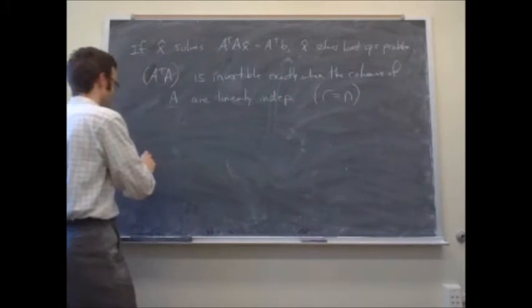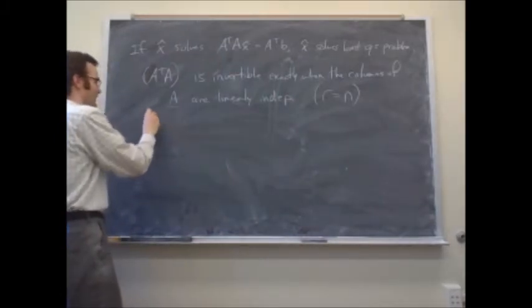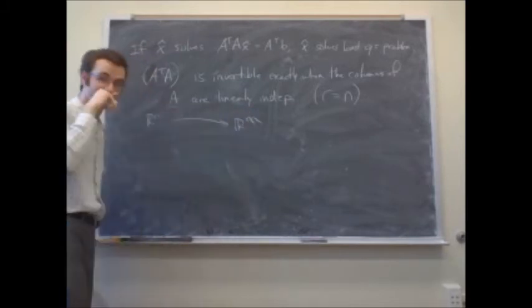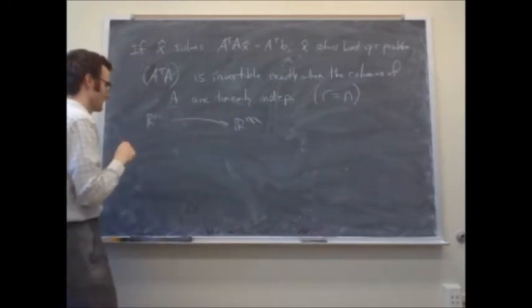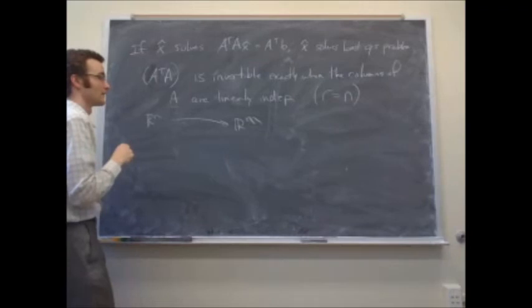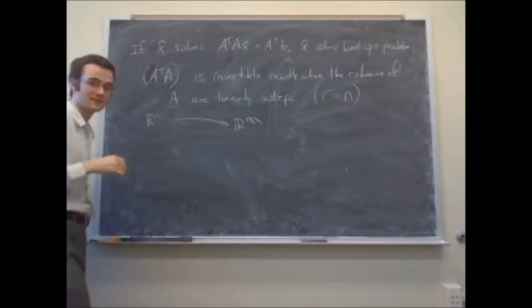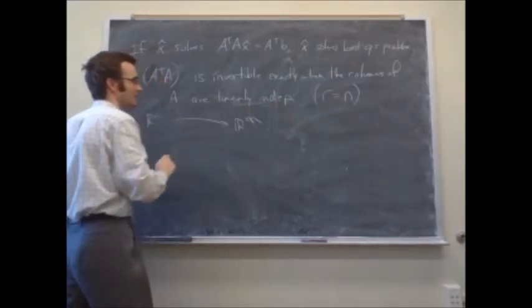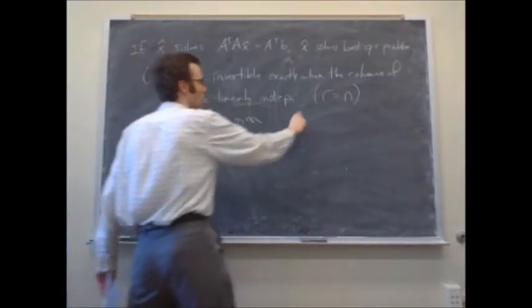And so if we're thinking of this as a map from Rn to Rm, then the columns being linearly independent means that there's no kernel.